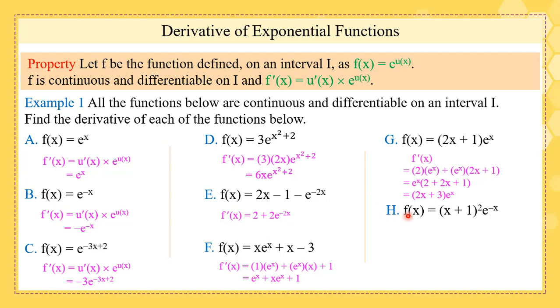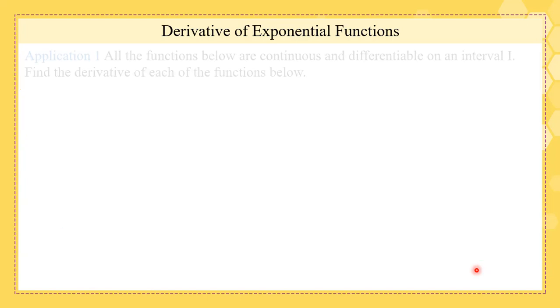Now part h is of the form u times v also, we get u prime, which is 2, times x plus 1 times v, plus v prime, which in this case is minus e to the power minus x, times u, and if we take e to the power minus x in common, we get 2x plus 2 from the first term, and minus x squared minus 2x minus 1 from the second term, and after simplification we get minus x squared plus 1 times e to the power minus x.